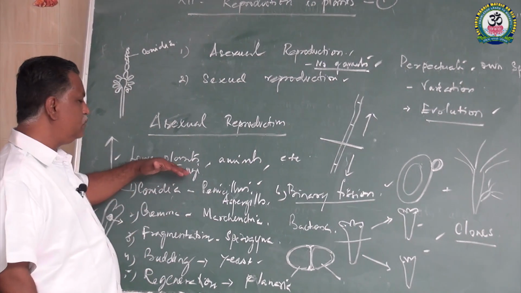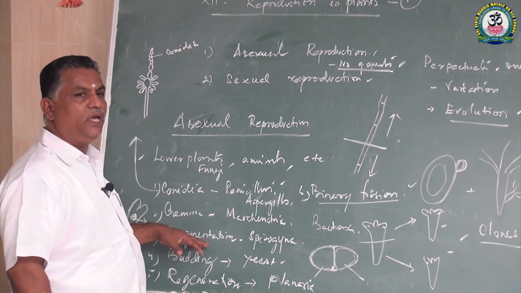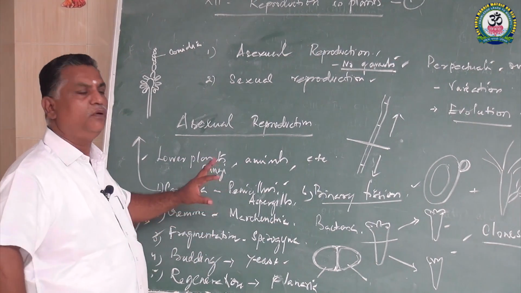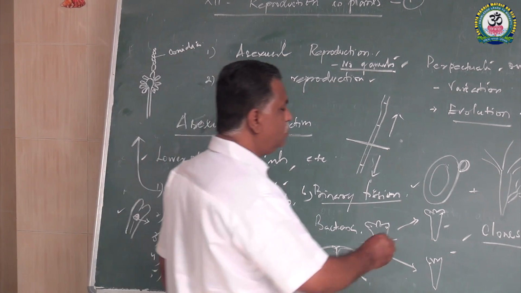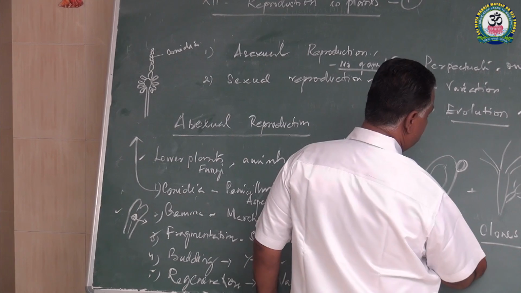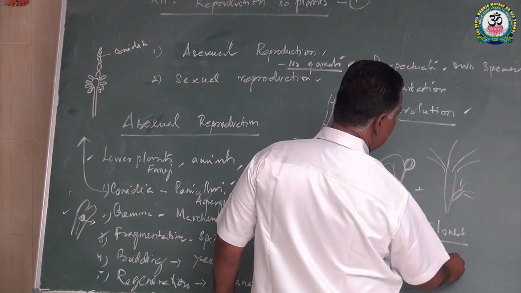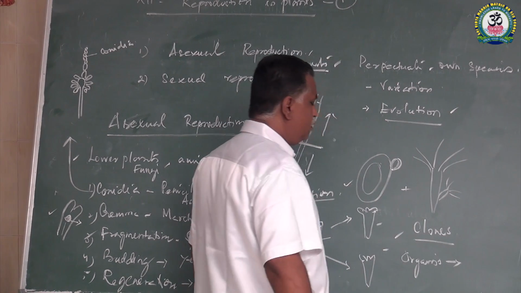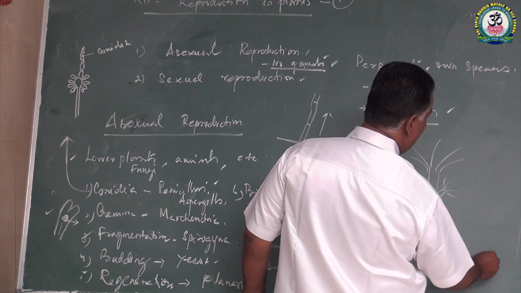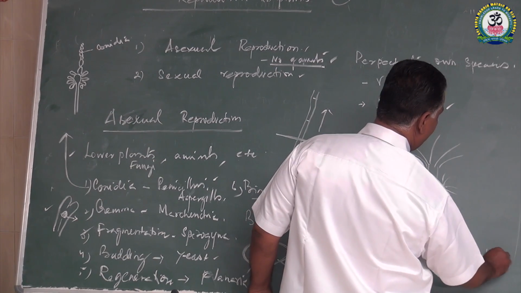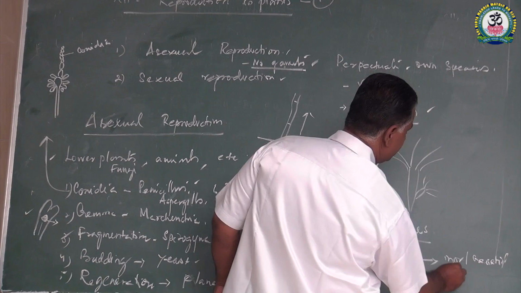If an organism reproduces by an asexual method, the progeny produced will have 100% similarity with the parent plant. So what are clones? Clones are the younger organisms or generations of organisms which are produced asexually, which are similar in morphological and genetical characters.